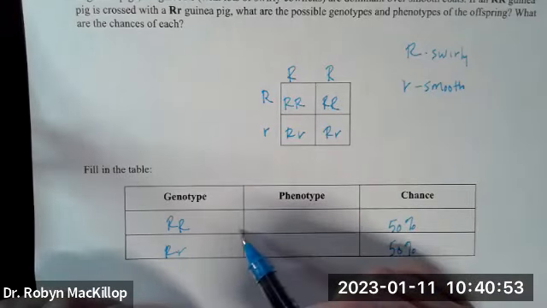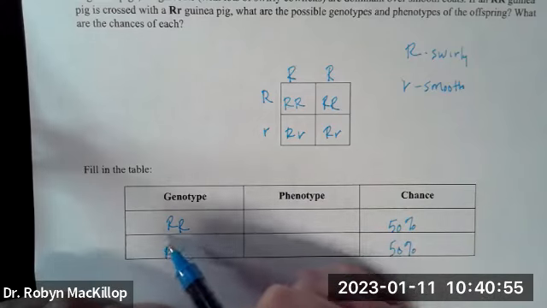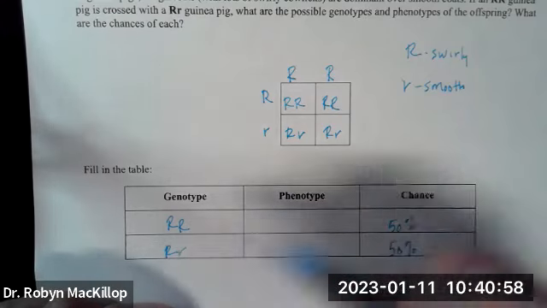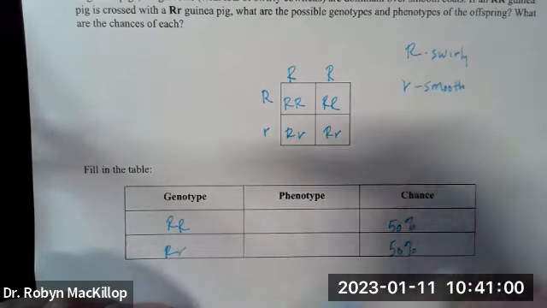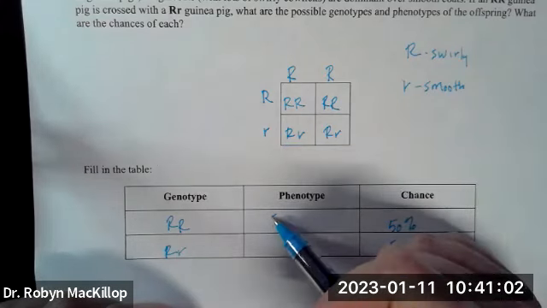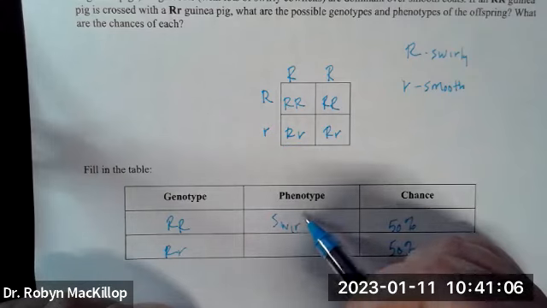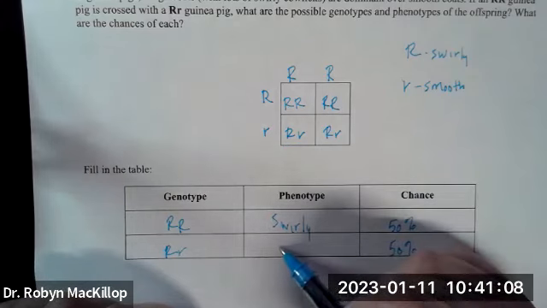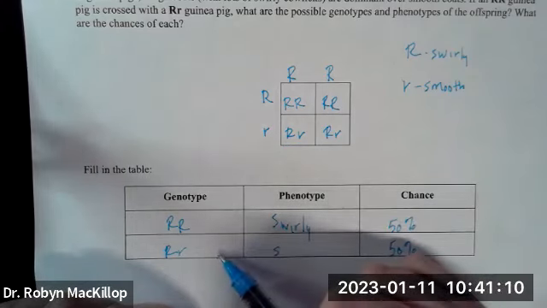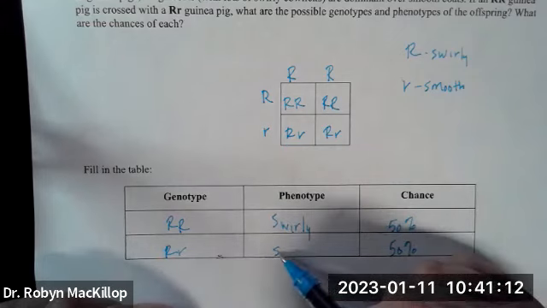And what we see in all of them, they all have dominant traits. They're all swirly. We did not get any offspring with smooth fur, but one of these 2 could have children with smooth fur.